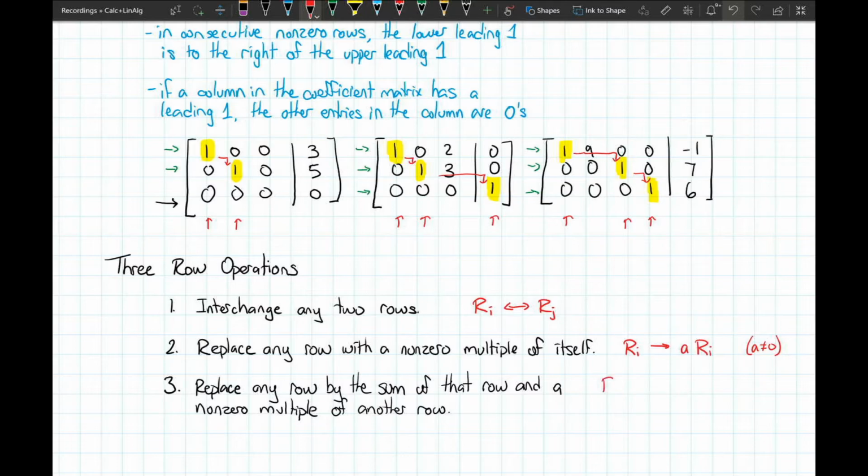Let's imagine we took row I, and that is now going to get replaced with row I plus some multiple A times another row, let's call it row J. So now we could take row 3 and add a multiple of 2 row 2s to that. Just like we would add term by term when we have the equations, we are going to be adding column-wise as we add values in the coefficient and constant augmented matrix row columns.